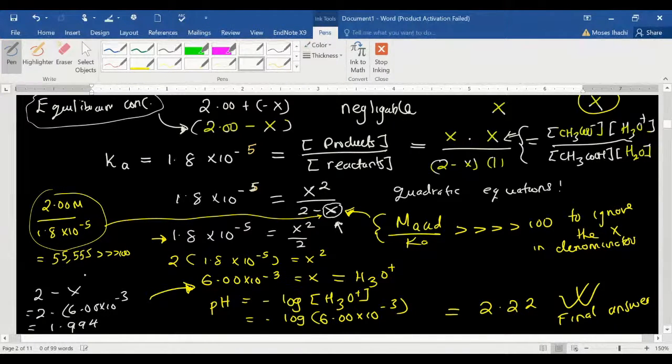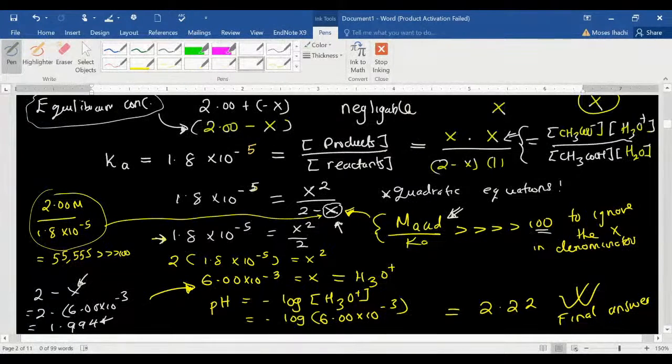This means that subtracting x from 2 does not have much effect on 2. So it was okay to ignore it, to avoid complex calculations, and just use 2 in our solving process instead of 2 minus x. Of course, you can always use this ratio. If it's greater than 100, it's safe to ignore the x.